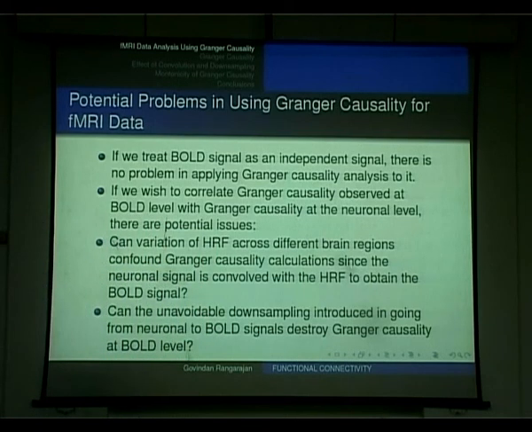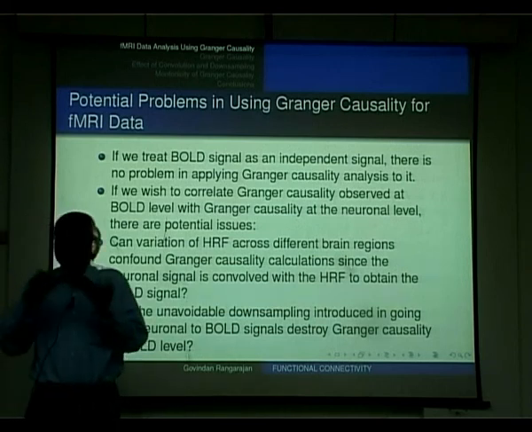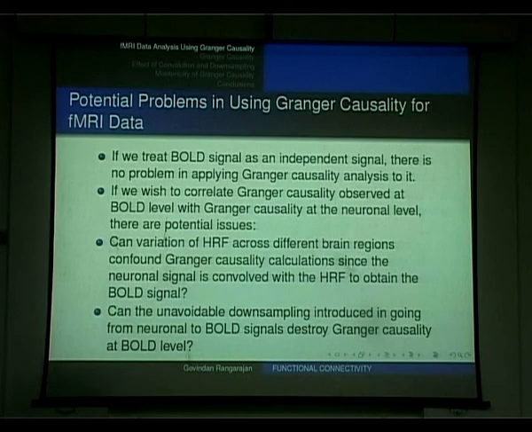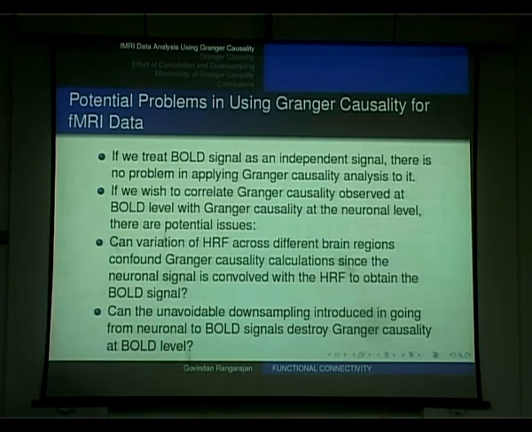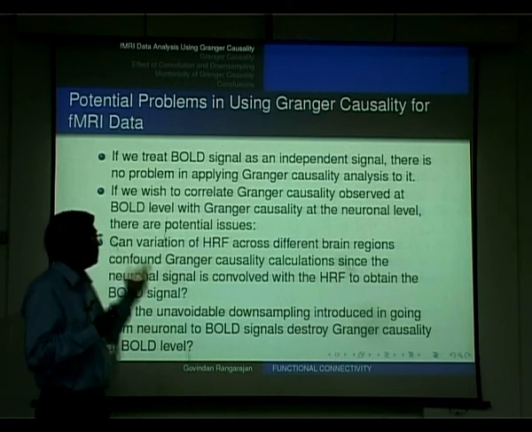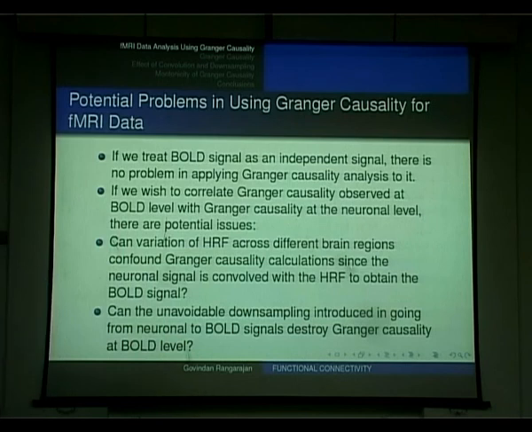Even though biologically you may be worried about what is happening at the neuronal level, as far as detecting something is concerned, all you are looking for are differences between two conditions. So you might as well do it at the bold signal level. Because if you can find a consistent difference between non-Alzheimer's and Alzheimer's at the bold level, even though there may be complications in mapping it to the neuronal level, you don't bother. As long as you get a consistent interpretation at the bold level, you could do it there. So that is one approach, and that is also taken, of course.